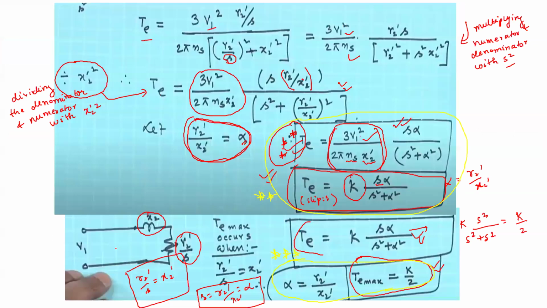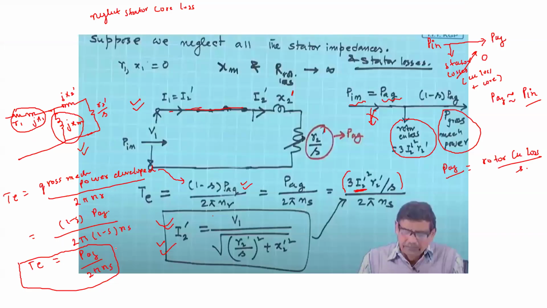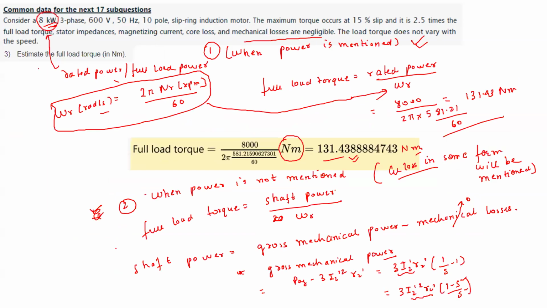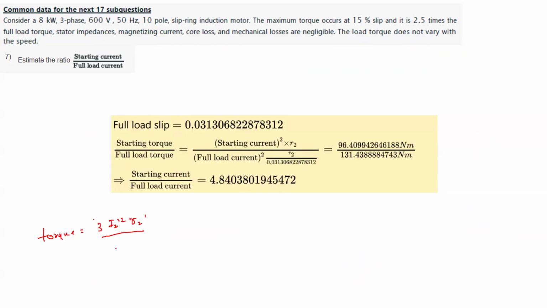So this is 3 I2 dash square R2 dash by S divided by 2 pi ns, because this becomes air gap power by 2 pi ns. Okay, so this is the torque at I2 dash.